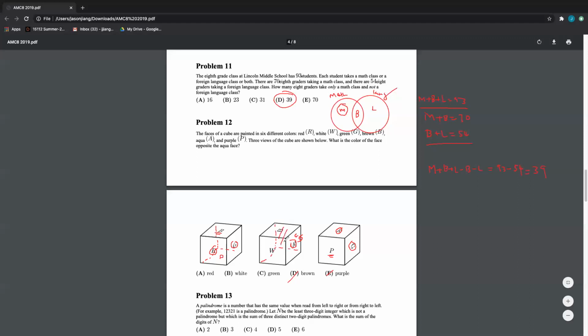So this face back here has to be the G. Because this is the only way for the R and the G to touch, as well as have both of them touch the B. So that tells us that G and W are opposite each other. So we can eliminate 2 more answers and get our final answer of red by the process of elimination.